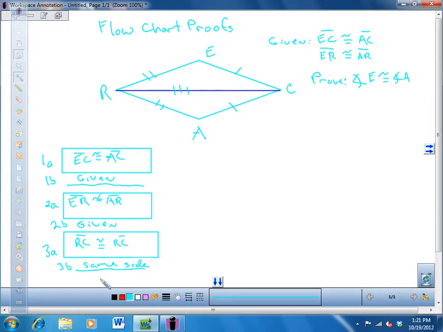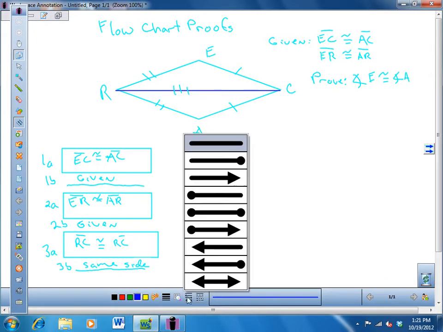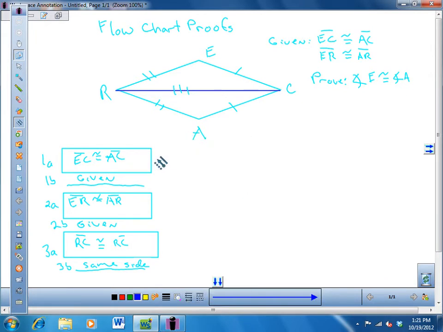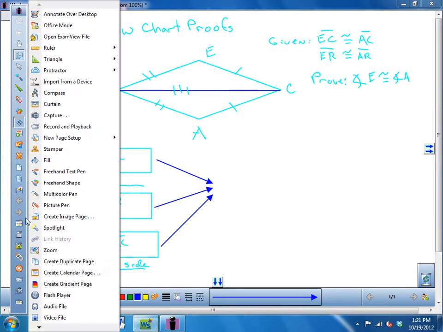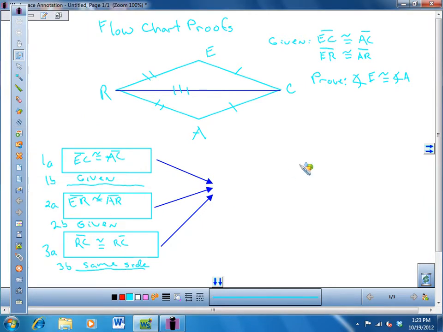Now, with a flowchart proof, you put all these things together. So I'm going to grab my arrow tool here, and I'm going to put them all together to lead me to a conclusion. And I'm going to get my freehand shape tool again. Okay, I'm going to do another box right here.